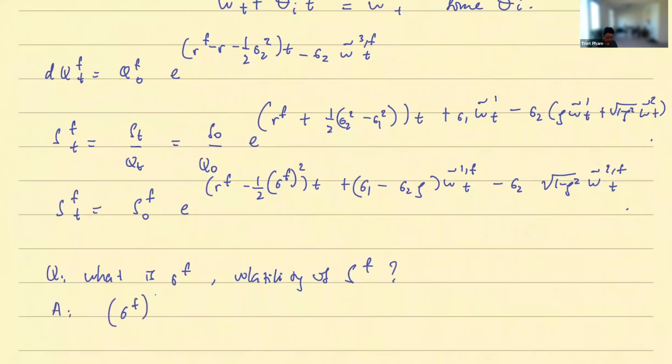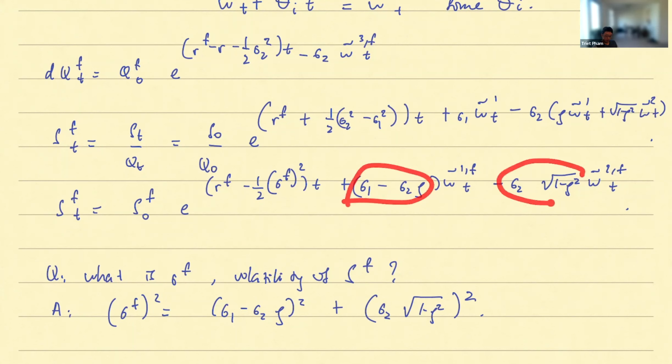Sigma F square will be sigma 1 minus sigma 2 rho square plus sigma 2 square root of 1 minus rho square, whatever that is. Meaning, it's going to be the combination of the variance of these two terms.